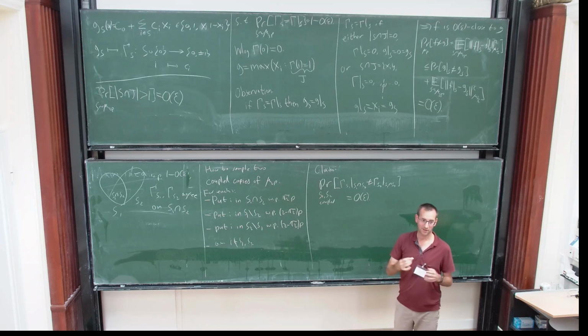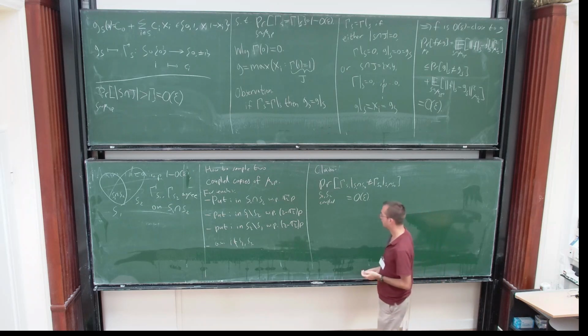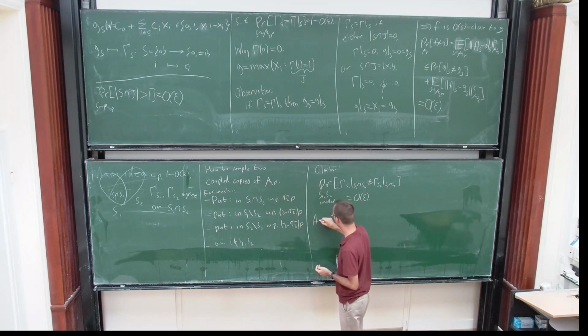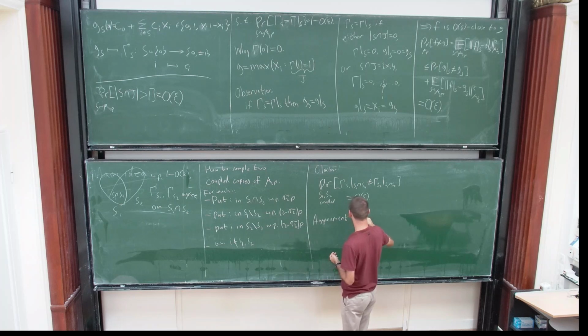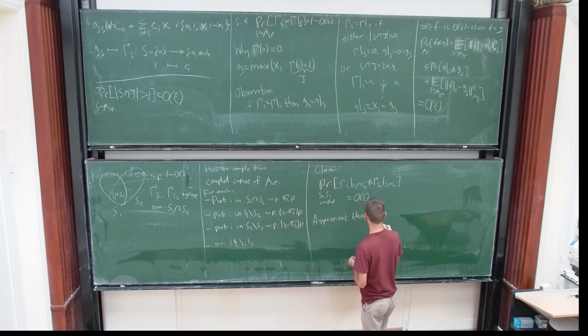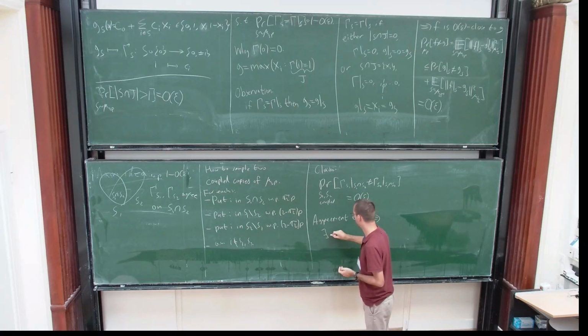Okay, and let's say that we somehow prove this claim. Then we apply an agreement theorem, and we get the existence of the gamma with the property as above.